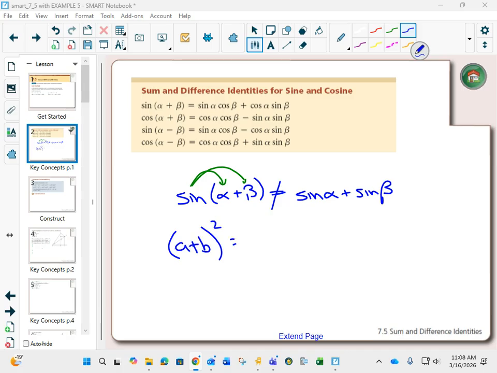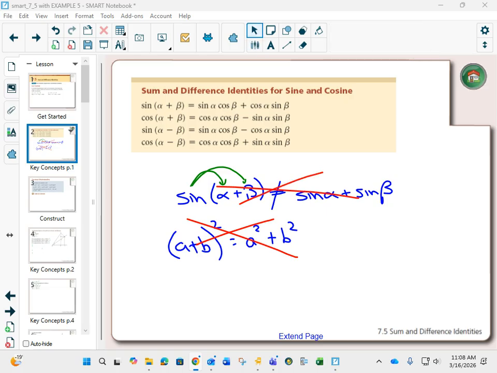This is the number one mistake on a grade 9 exam. Students write this. What did they forget to do? You can't just put the square to both ones, right? You have to do a plus b times a plus b. So all of this is tempting, but we can only distribute a number or a variable. We can't distribute a function.